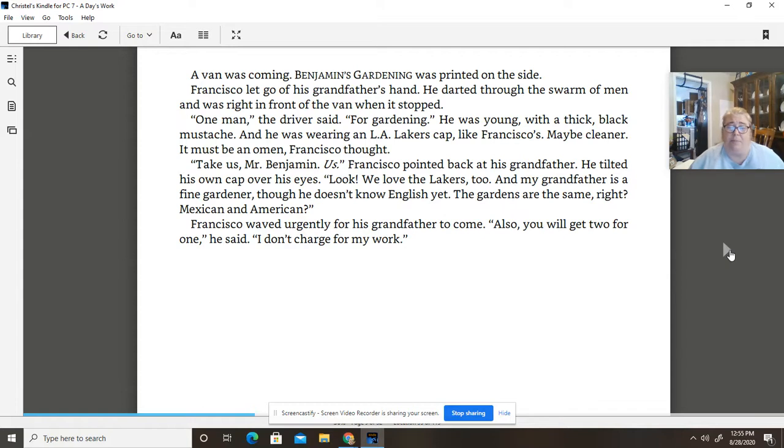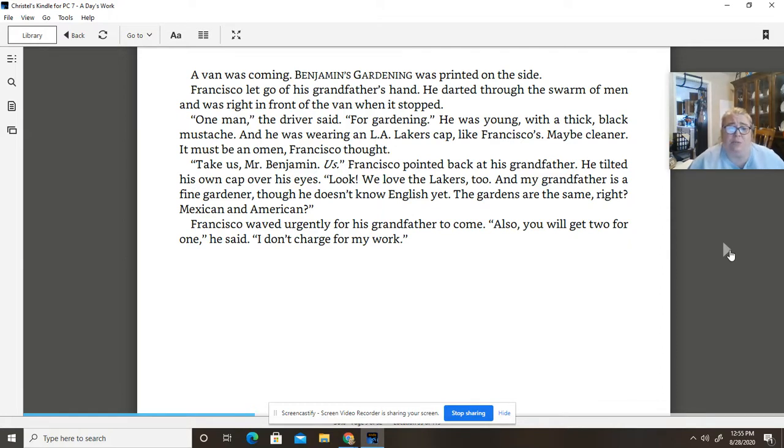A van was coming. "Benjamin's Gardening" was printed on the side. Francisco let go of his grandfather's hand. He darted through the swarm of men and was right in front of the van when it stopped. "1 man," the driver said, "for gardening." He was young with a thick black mustache, and he was wearing an LA Lakers cap like Francisco. Maybe cleaner. It must be an omen, Francisco thought.